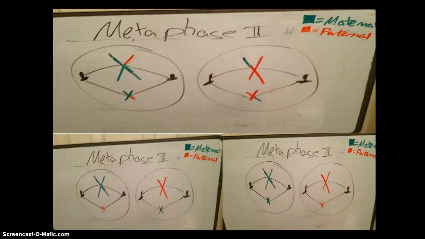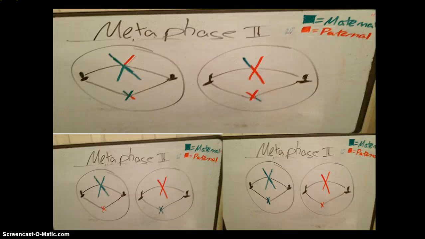So here in metaphase 2, just like in regular metaphase in mitosis, they line up top to bottom, head to tail. So you no longer see the side-by-side pairing anymore.